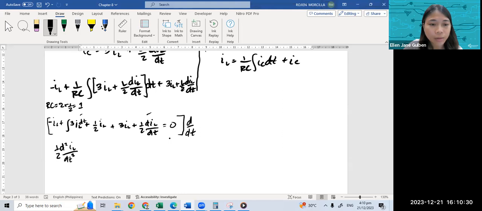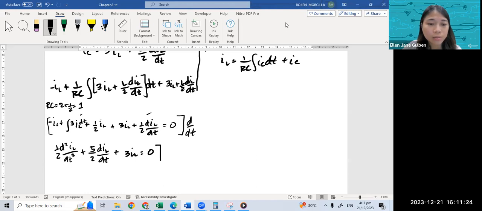Okay, so we have 2 plus 5 over 2 DIL over dt plus 3 IL equal to 0.